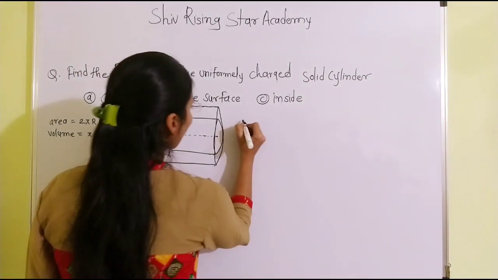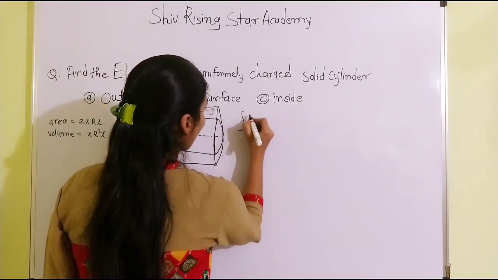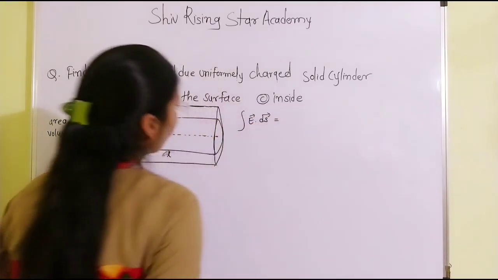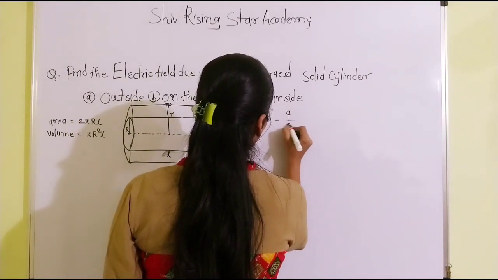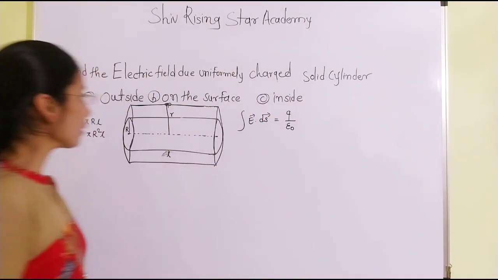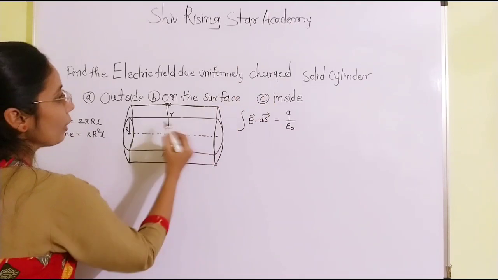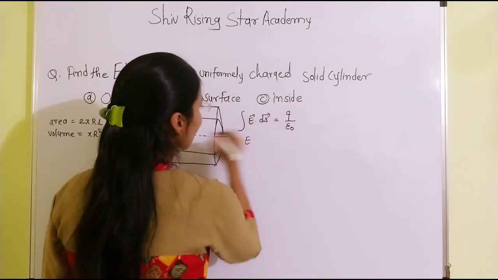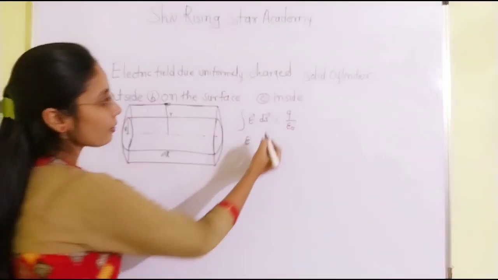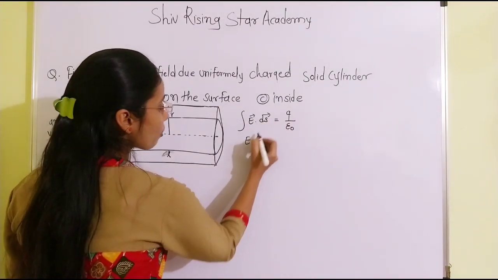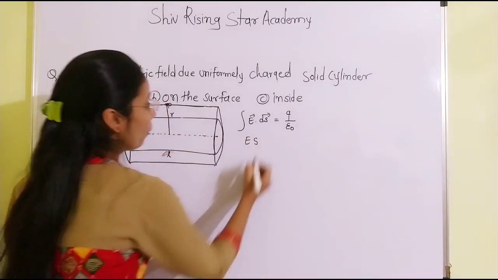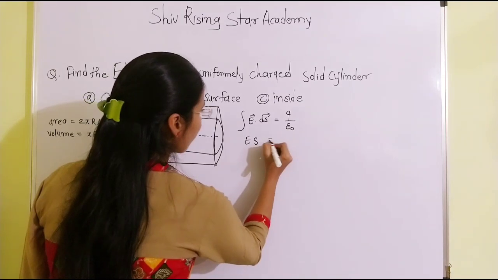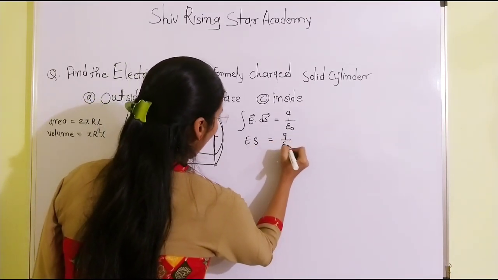So we know that integral E bar dot ds bar is equal to q by epsilon naught. This is uniformly charged, so the electric field is constant here, so we take it outside, and the integration of ds, the small area, is the total area S. So ES is equal to q by epsilon naught.